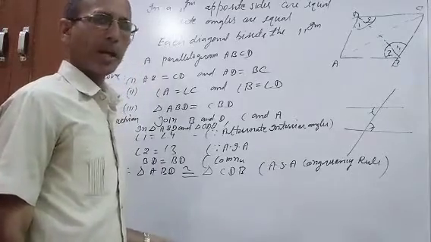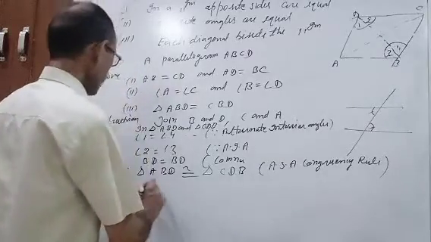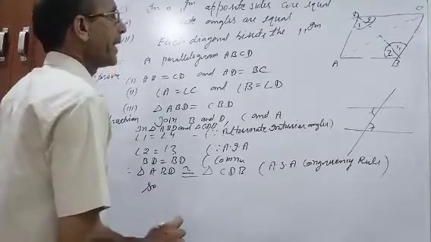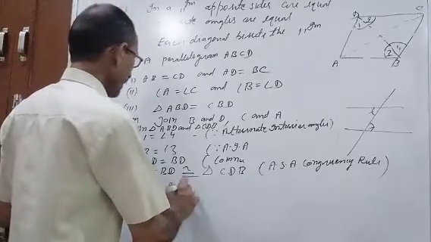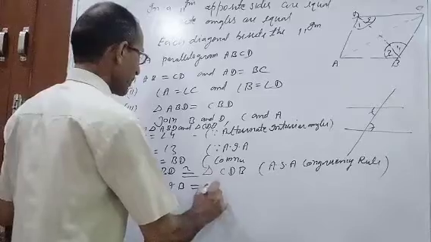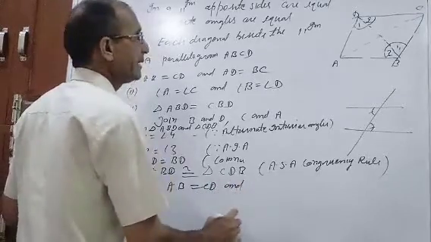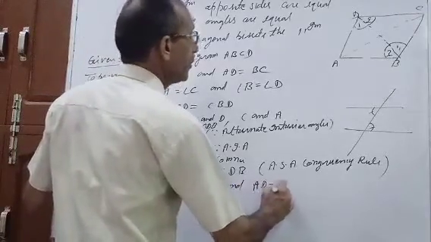Therefore their corresponding parts will be equal. So AB is equal to CD, and AD is equal to BC.